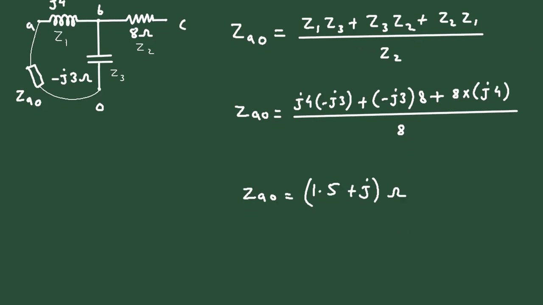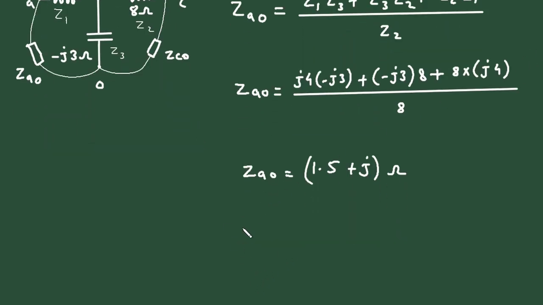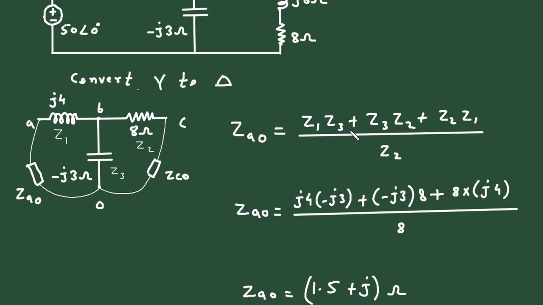Then next we have to find this impedance. So it will be ZCO, let's say. So ZCO will be equal to, again the numerator will remain same.